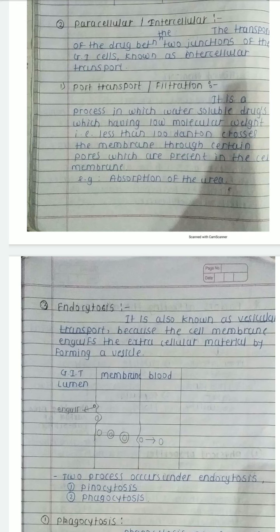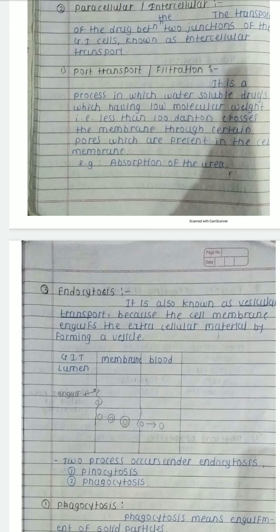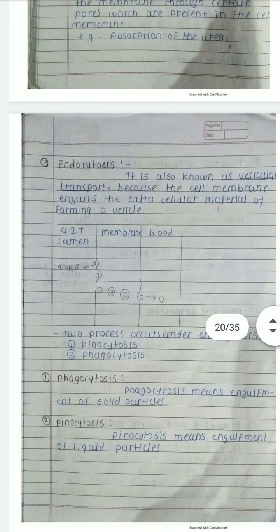For example, the absorption of urea takes place by this filtration or pore transport method. Pore transport means that there will be a pore in that membrane, and the drug will enter into that pore, and then it crosses the cell membrane.